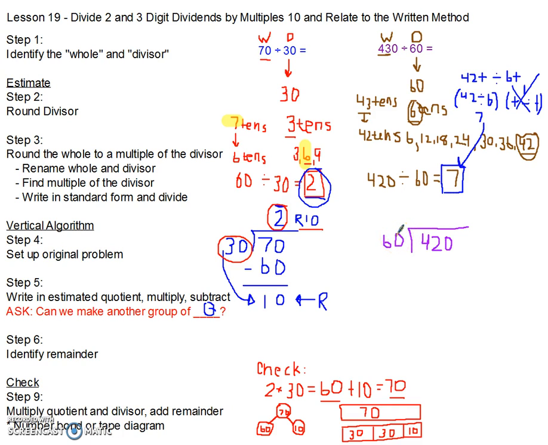And again, this is where we use our estimate of 7, and because we rounded down, we're able to say, oh wait, not 420. This should be 430 from our original problem. So make sure that you are paying attention to what you are writing. So it should be 430.